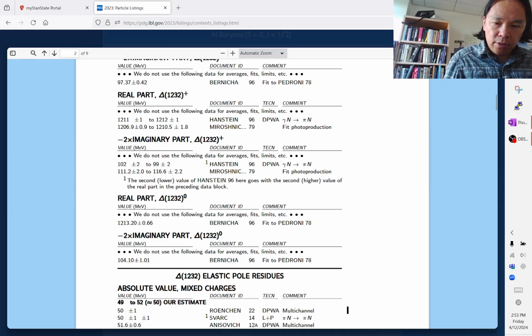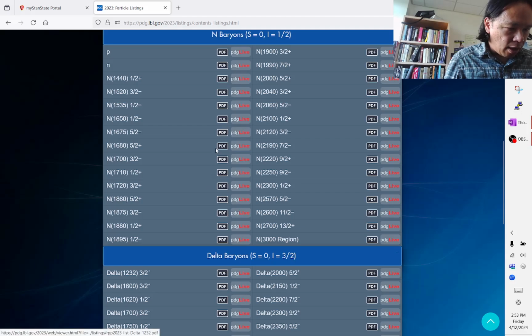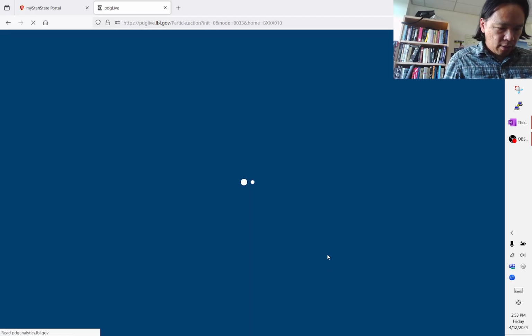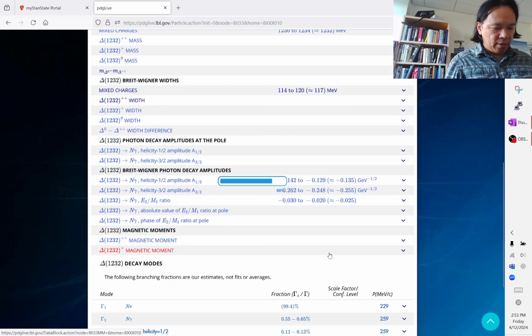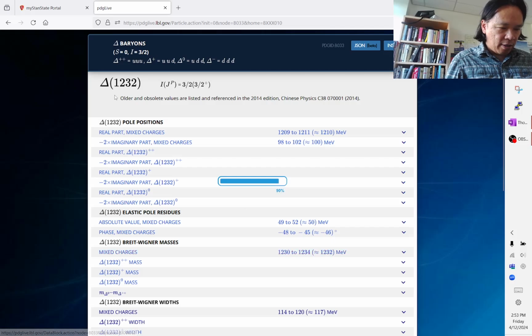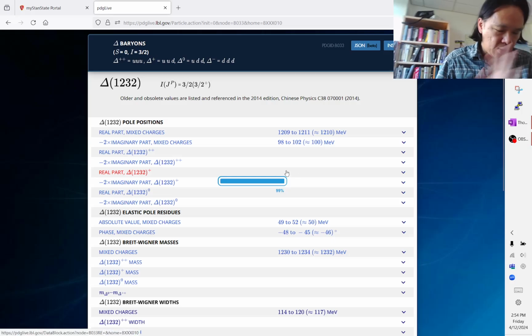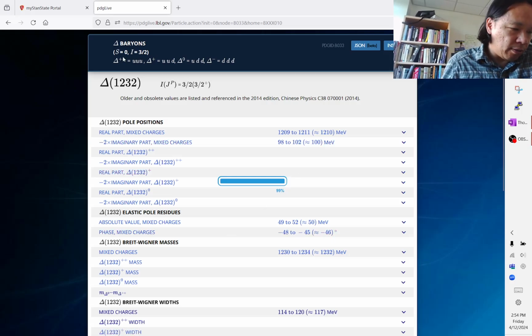What they like you to use now is the live version, where there's a little less stuff thrown at you at once, but there's still a lot of stuff. So this I is 3/2, and then the JP value, that's the parity. Let's not go into detail about those yet.